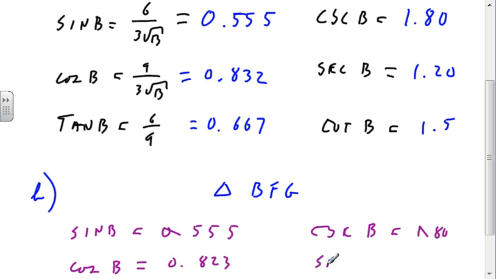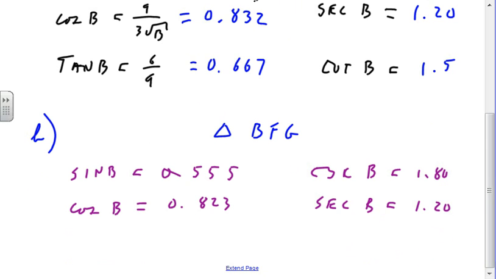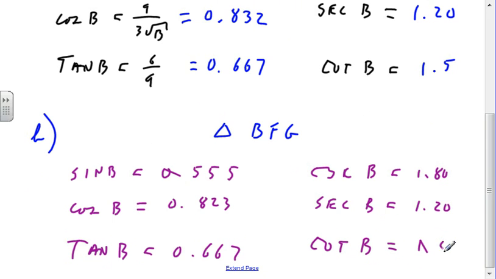The secant of B is 1.20. And the tangent of B is 0.667, and the cotangent of B is 1.5.